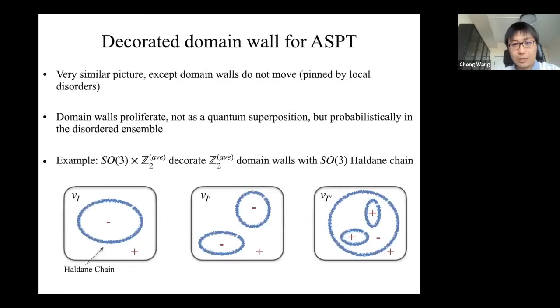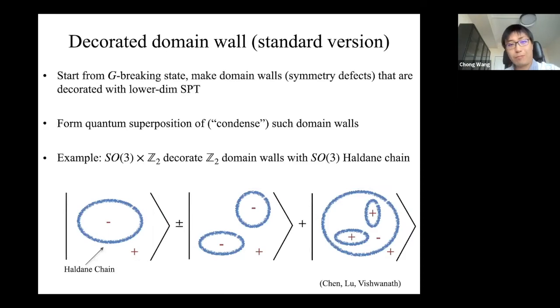Yeah. You always get this thing I was talking about, right? So here I was talking about decorating the domain walls with Haldane chains, which in any case gives you something non-trivial. But when you superpose the domain walls, you still have a choice of the sign. If you choose the plus sign, then it turns out it's just domain walls with Haldane chain. That's it. But if you choose the minus sign, it's actually that plus a Levin-Gu state.